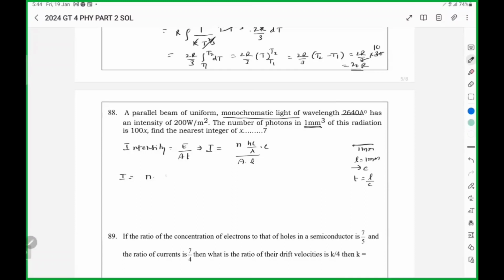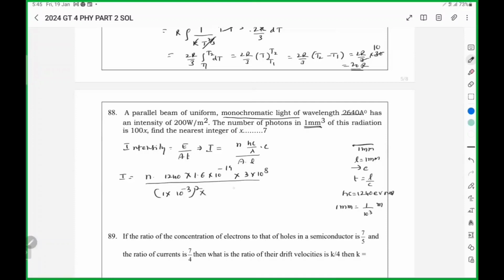hc is 1240 electron volt nanometers roughly, 1.6 into 10 power minus 19, c is 3 into 10 power 8, and area is 1 meter square. 1 mm is 1 by 10 cube meters, so 10 power minus 3 whole square.